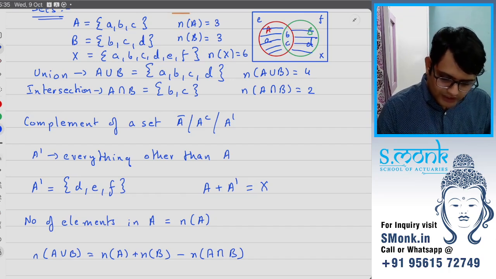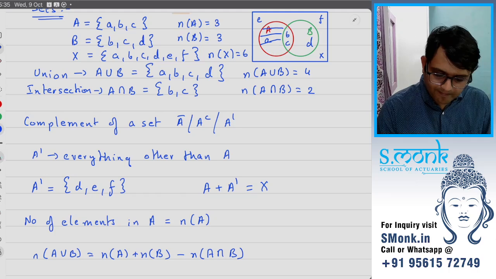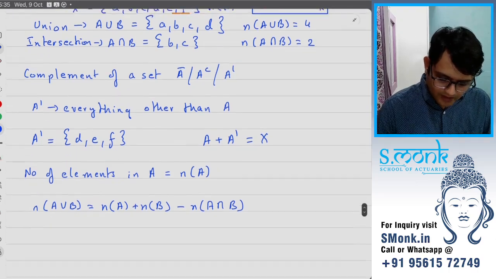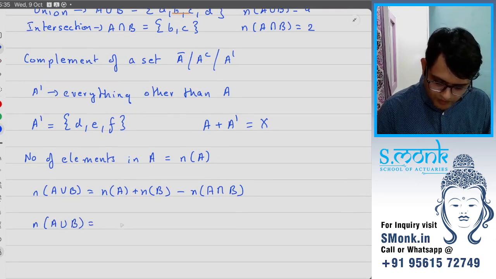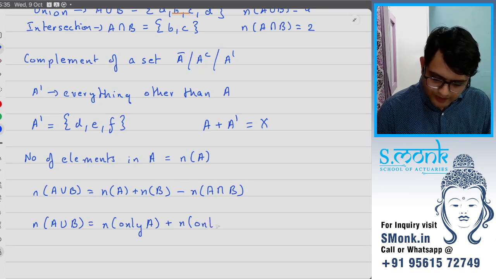So the number of elements in A union B would be the number of elements in only A, plus the number of elements in only B, plus the number of elements in A intersection B.